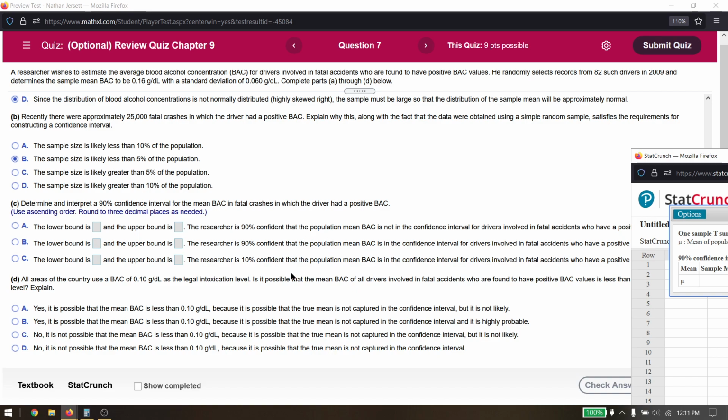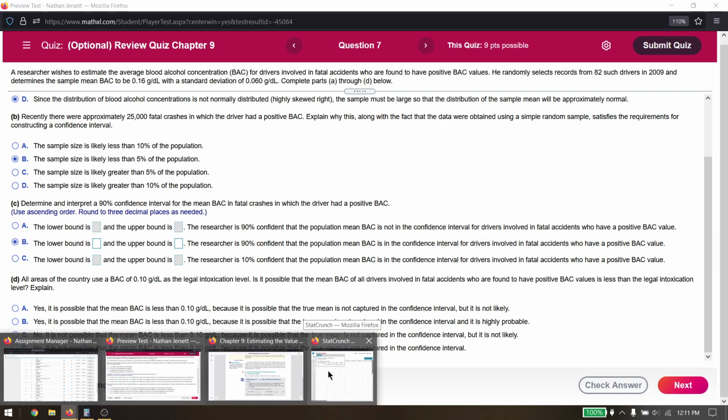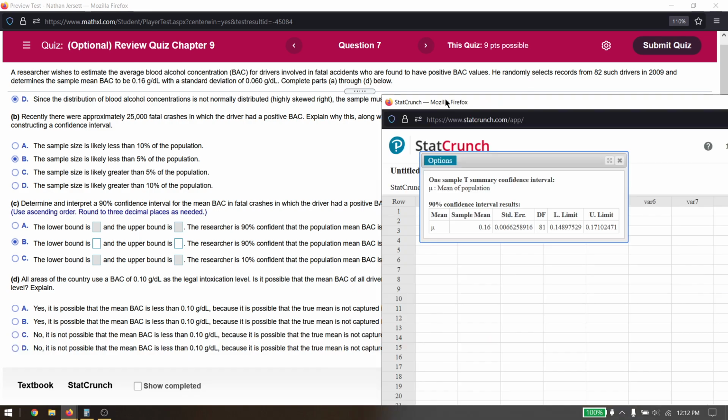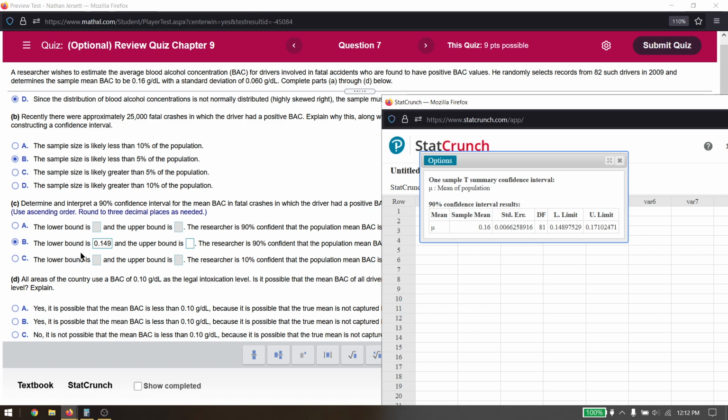So those two are incorrect. So B is what we're going to be having as our solution for the choice there. And then now we need 3 places, 0.149 lower bound, and upper bound is 0.171.